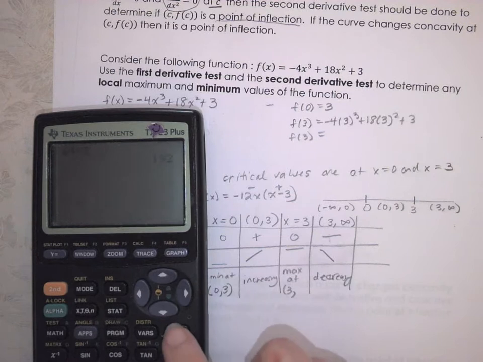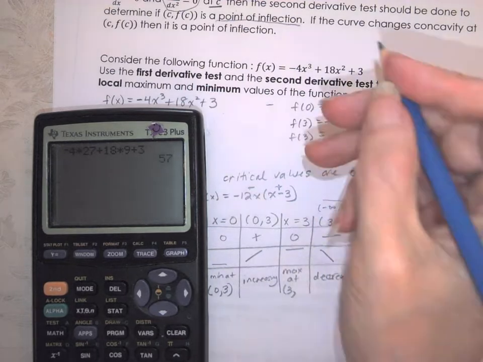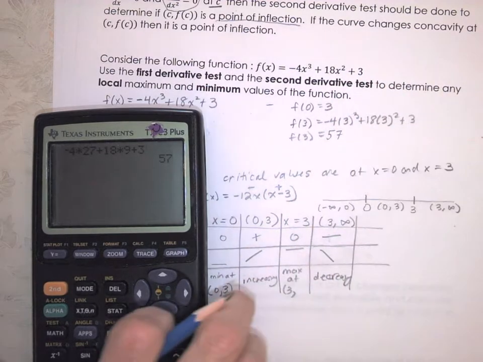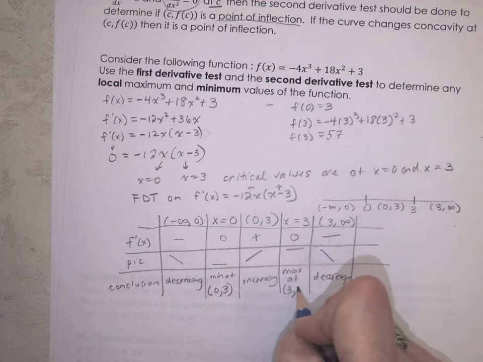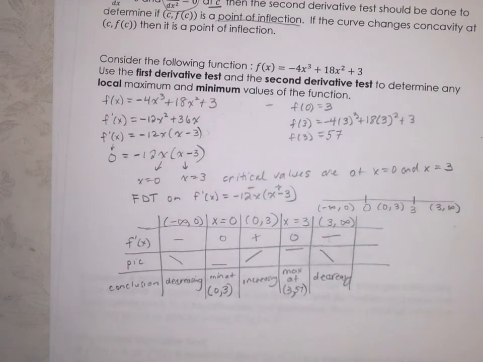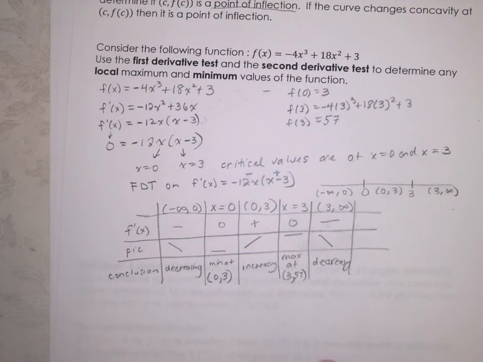So f at 3 is going to be negative 4 times 3 cubed, which is 27, plus 18 times 9 plus 3, 57. So there's our first derivative test. Okay?